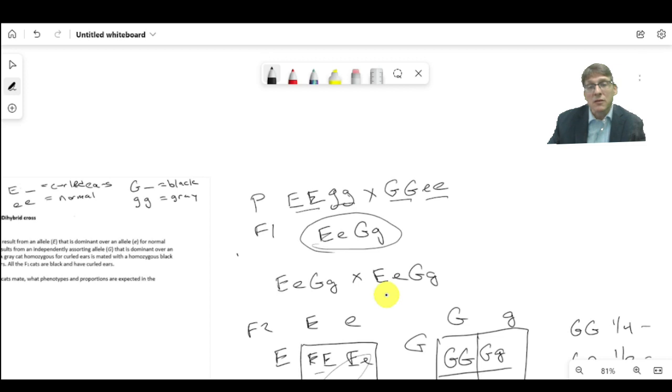So when we cross these two independently assorting genes that have two alleles, we're going to get Mendel's ratio of 9 to 3 to 3 to 1.